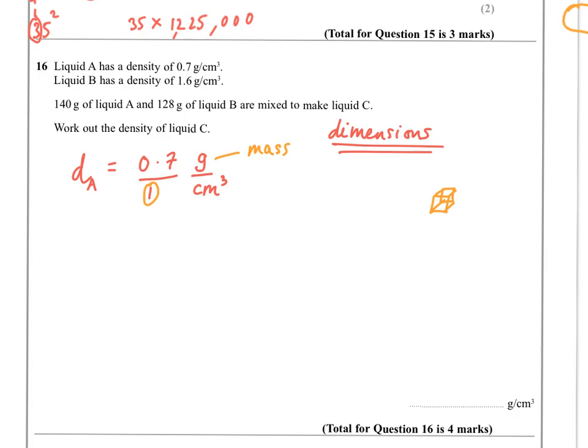That centimetre cube is a given volume. It's like a set amount of space, and you've got to pack the liquid or the gas or the solid into that particular space. The more you can put into that confined space of 1 centimetre cube, the more dense it would be.